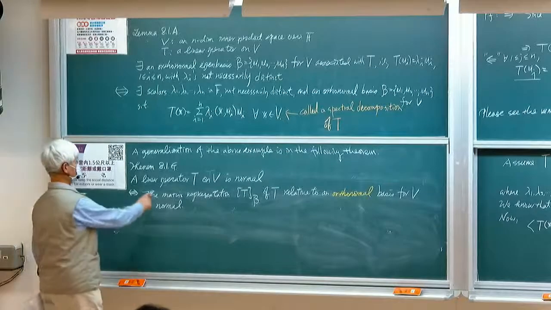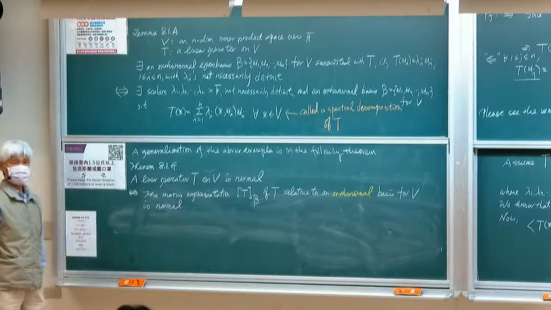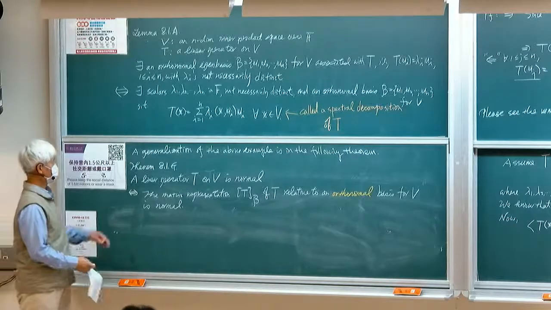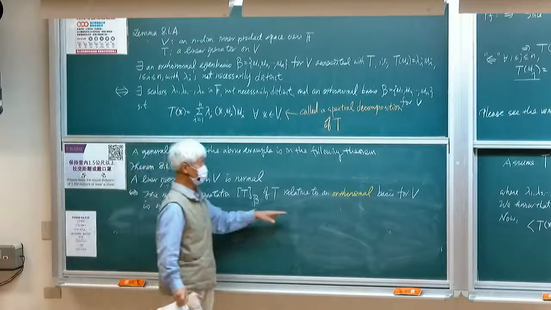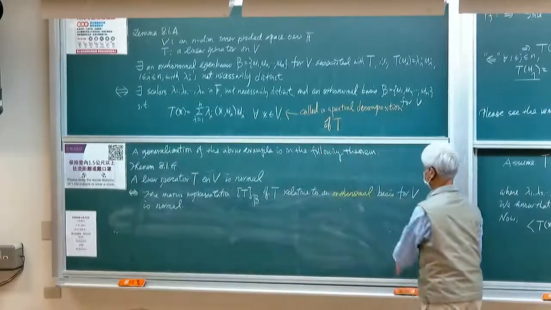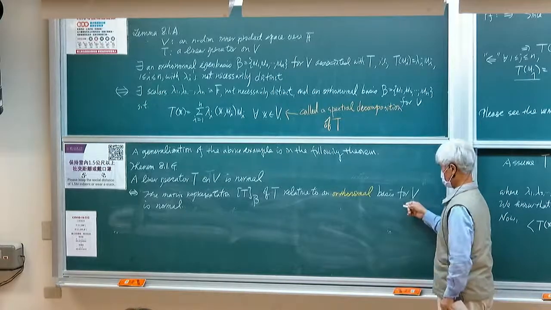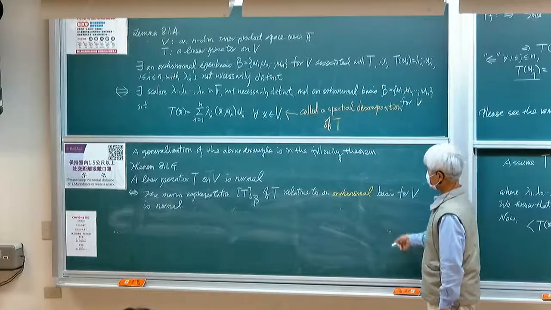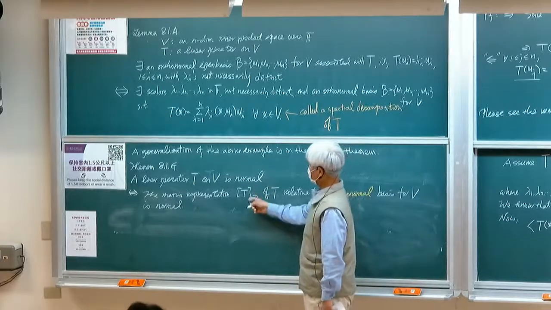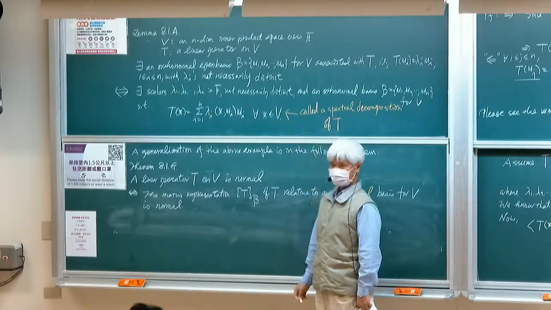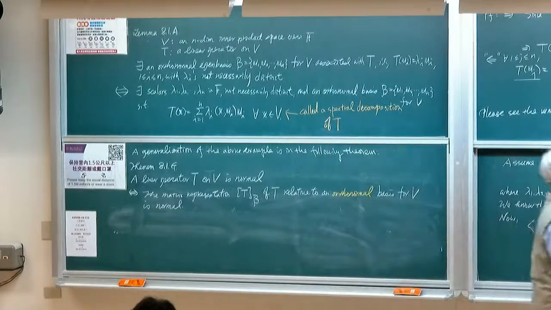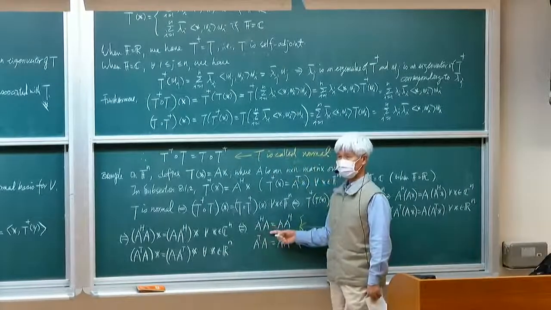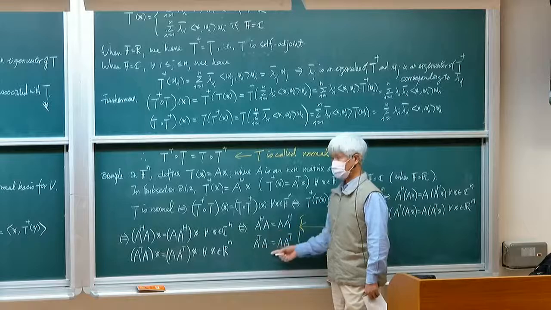So that is the if and only if condition. To check whether a linear operator is normal, you can first find an orthonormal basis for the n-dimensional inner product space V, and then find the matrix representation. So you have a matrix, and you check normality. In the complex case, you check whether this is true. In the real case, you check whether this is true or not.